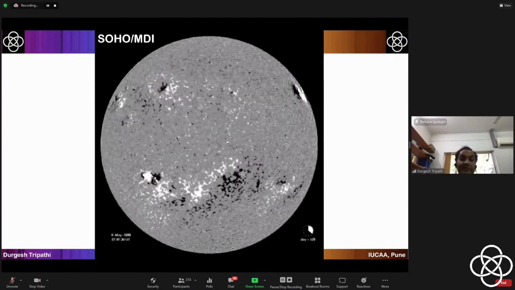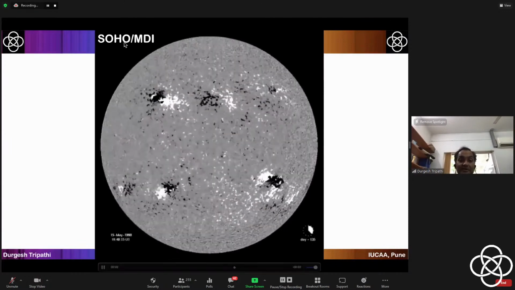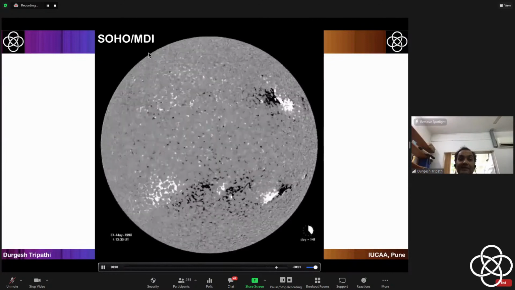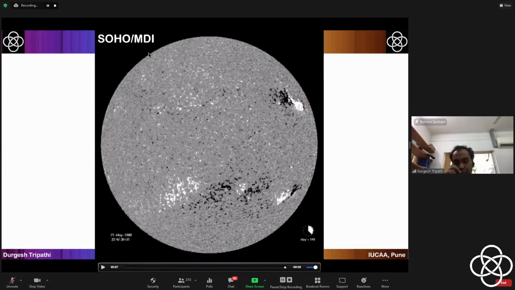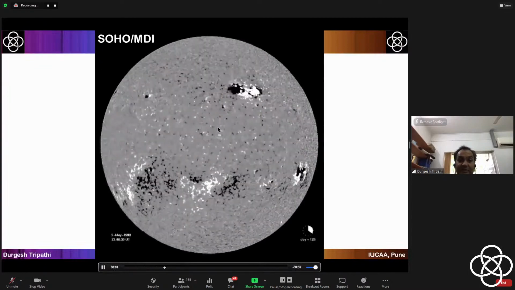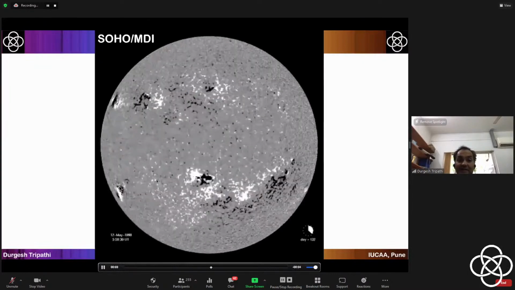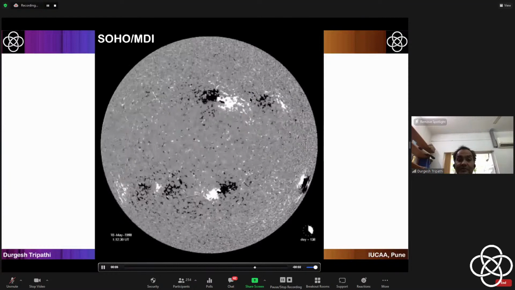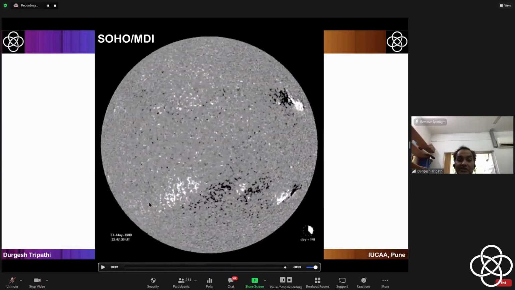This was done from SOHO, a satellite, and MDI, the Michelson Doppler Imager, was the instrument that measured the magnetic field at each pixel. You can see that the magnetic field also appears in the similar latitude range as the sunspots, the strong ones at least, because the magnetic fields are stronger in the sunspot region, and you can measure at each point.